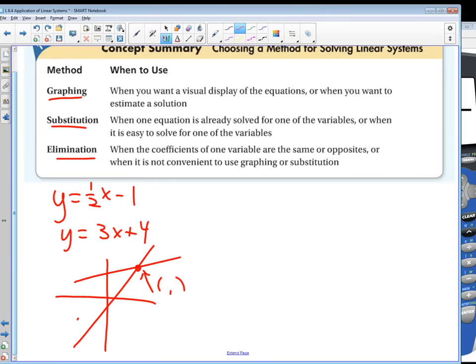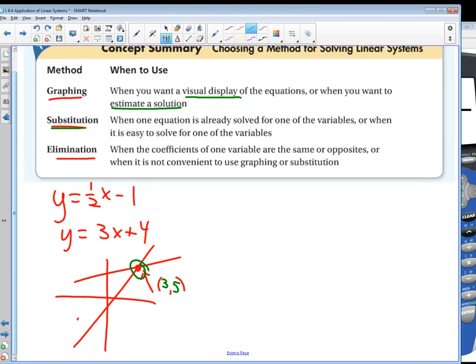That was the first method. Generally, you're going to use the graphing method when you want a visual display or when you're trying to estimate a solution. And if the numbers come out to be nice whole numbers, the graphing method is the best method to use. But if they're not whole numbers, it's not as easy to identify where they intersect.